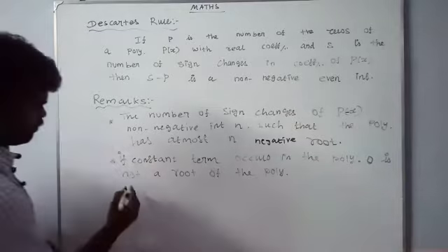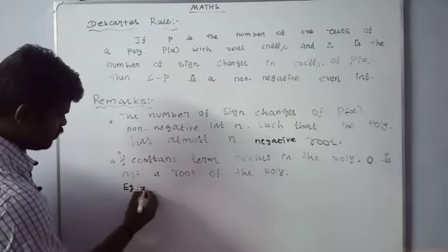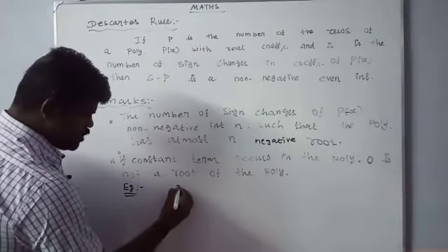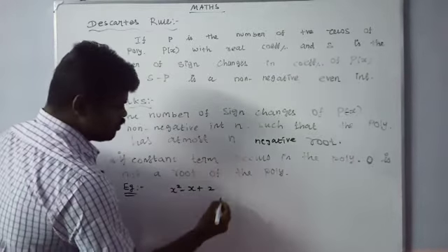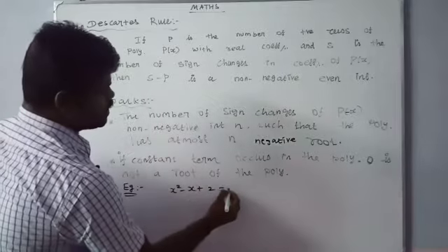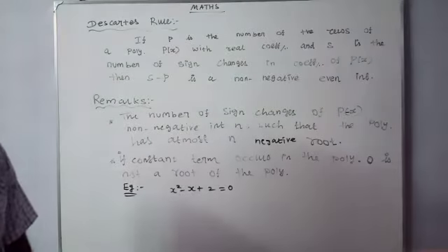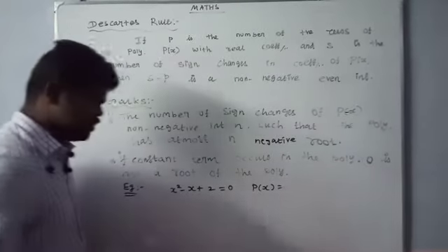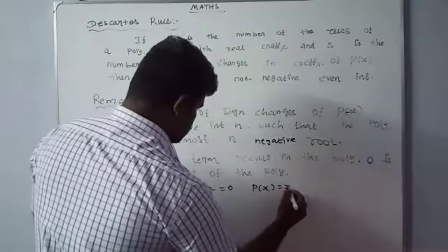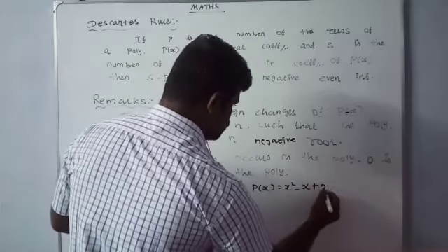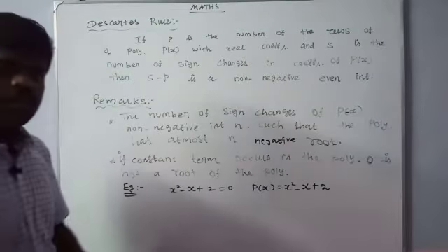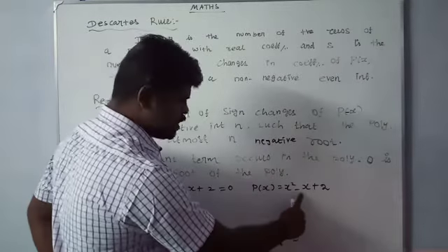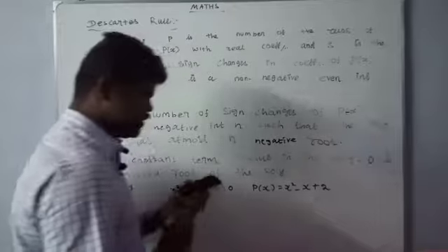For example, I can do an example. x squared minus x plus 2. This is the polynomial equation, or quadratic equation. Let p of x be the polynomial x squared minus x plus 2. The number of sign changes is what? Here plus, here minus, and here plus.